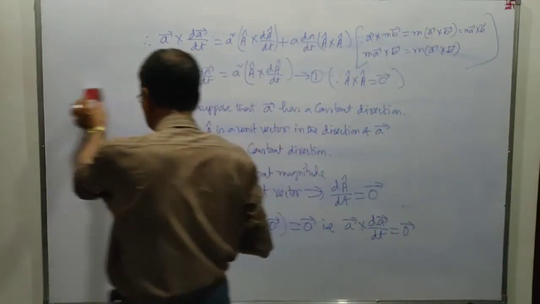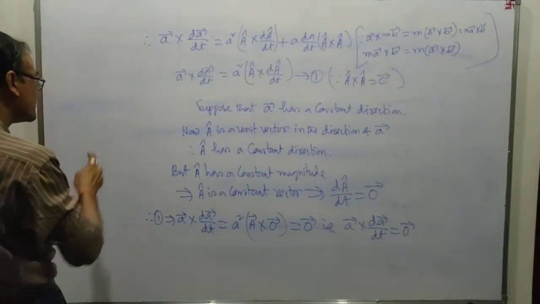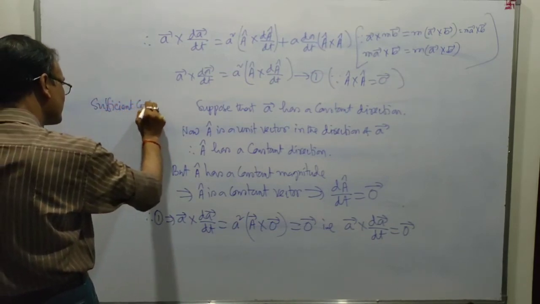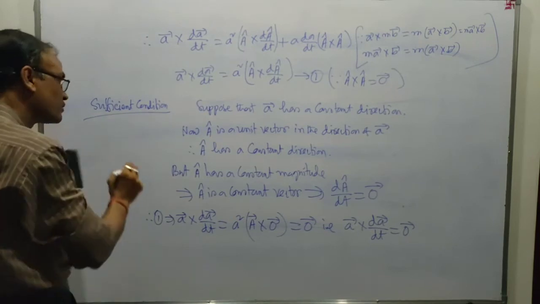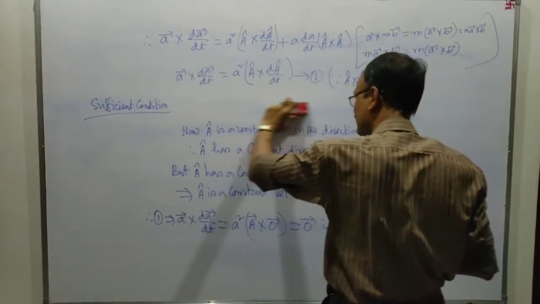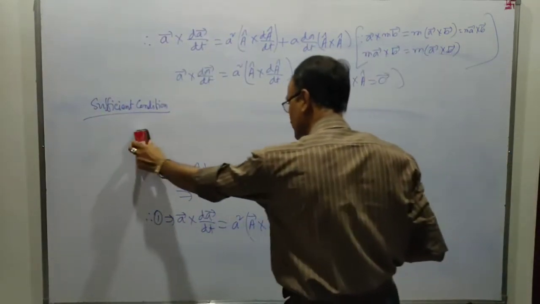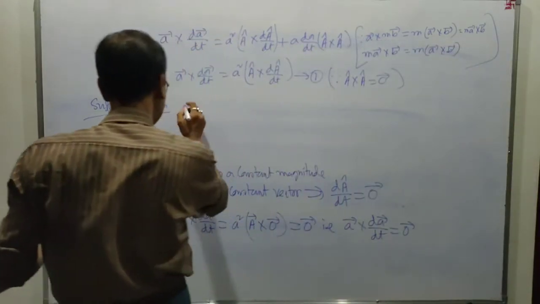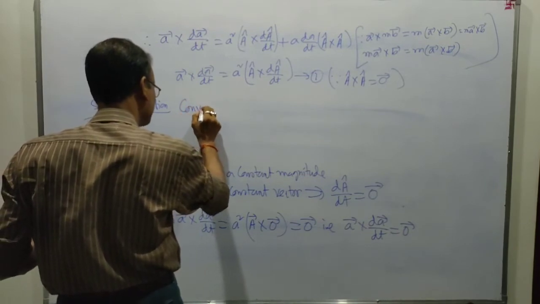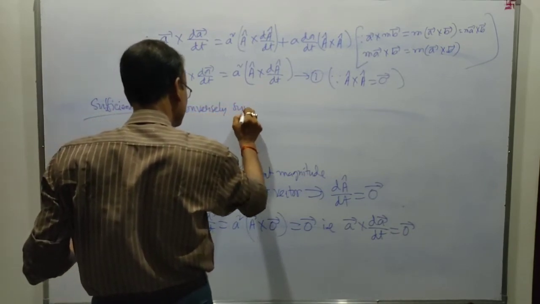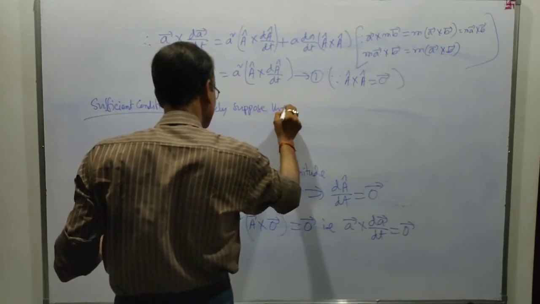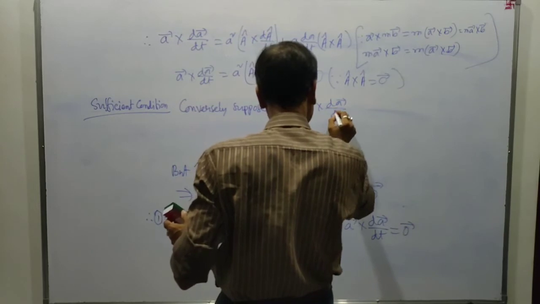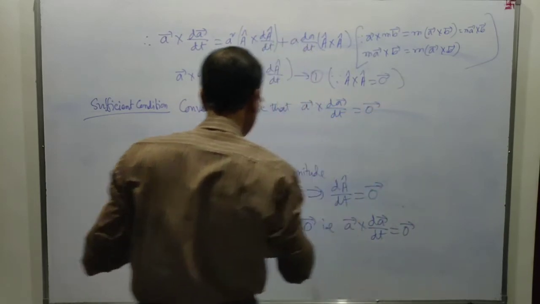Now we are going to prove the sufficient condition. Conversely, suppose that A vector cross dA vector by dt equal to 0 vector.